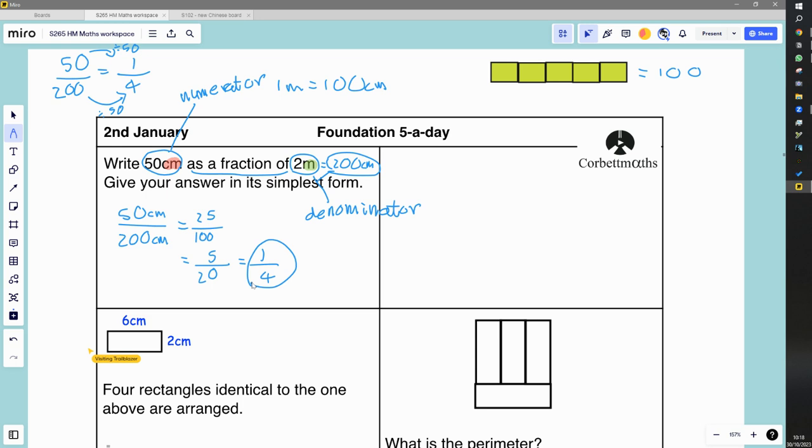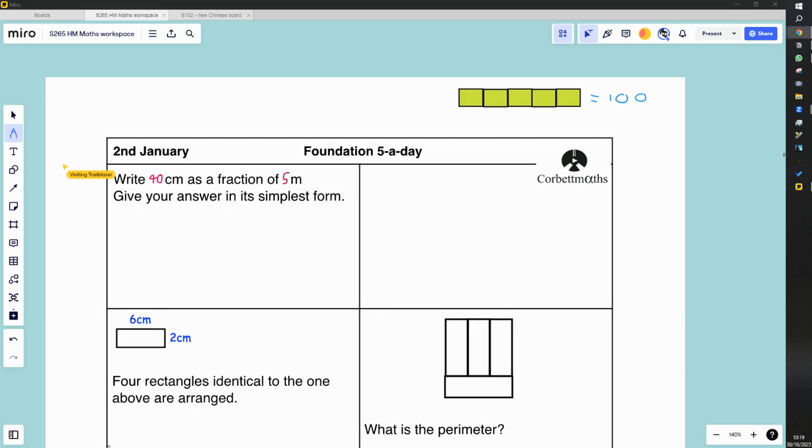Now, I'm going to erase all of this, pause the video, and then we're going to have a go at a similar question to see if you can do it yourself. The new question is 40 centimeters as a fraction of 5 meters. We'll see how much you can remember from the previous question, which is basically exactly the same.